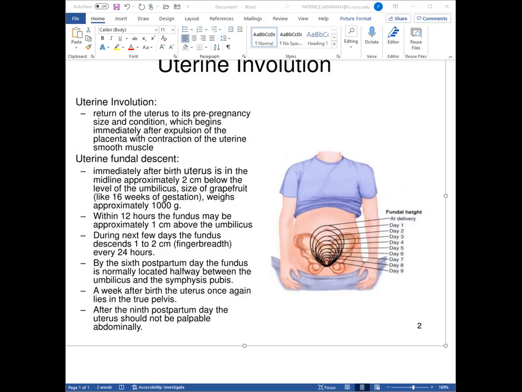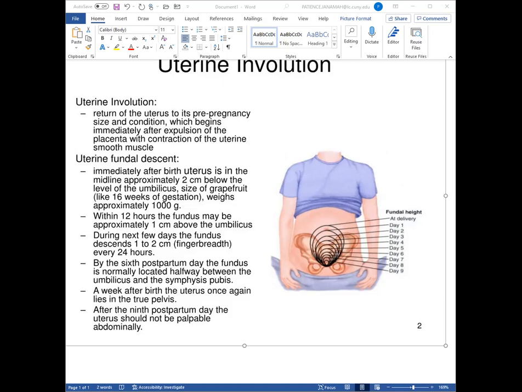So when a child is breastfeeding, oxytocin is released, and this is what happens with breast milk. It will cause the uterus to go back to its normal state faster than in the mother who is not breastfeeding.